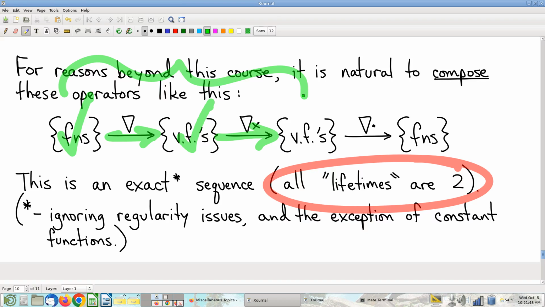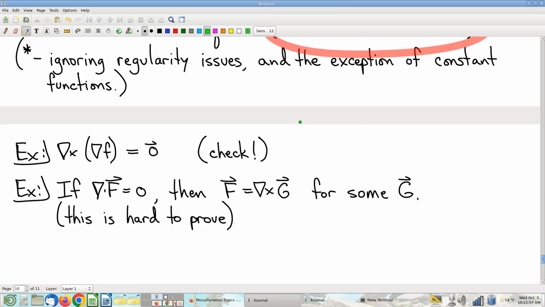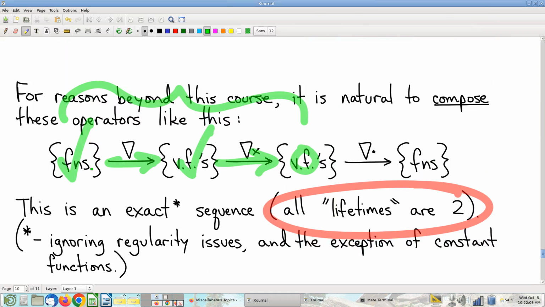That means it dies here. That means that this curl is 0. So this is, again, just a metaphor for encompassing these various different facts. This is how the curl of a gradient equals 0 is a special case of my metaphorical statement, all lifetimes are 2. Is everybody on board?